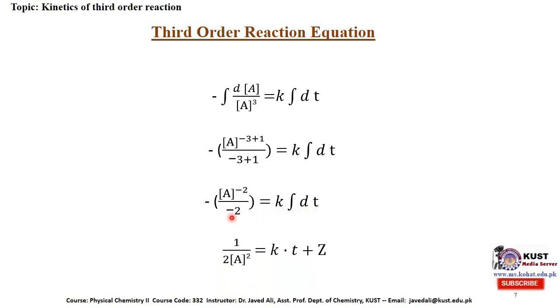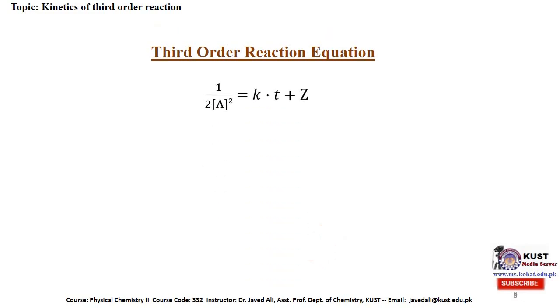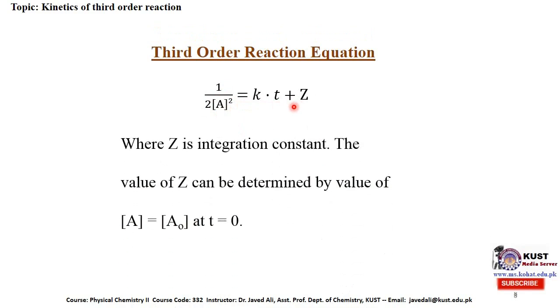By further solving, minus A power minus 2 divided by minus 2 is equal to 1 divided by 2A power 2, which is equal to Kt plus Z, where Z is the integration constant.